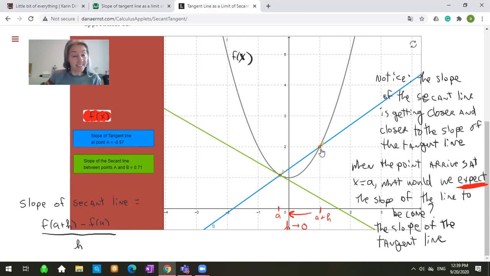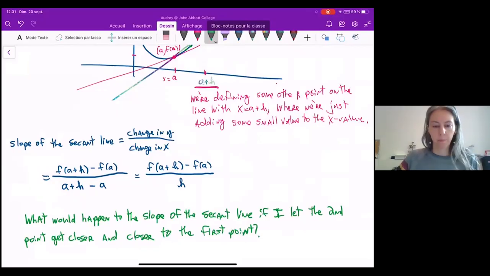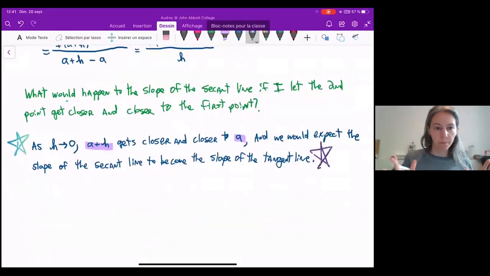So we have, as h is getting closer and closer to 0, we would expect the slope of the secant line to become the slope of the tangent line. Think about that for a second. Okay, I'm going to say it one more time.